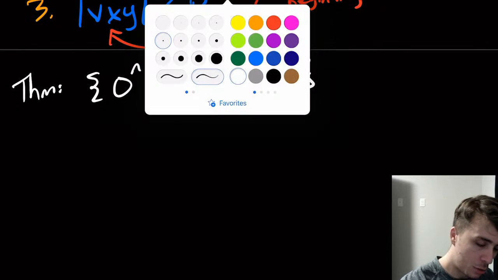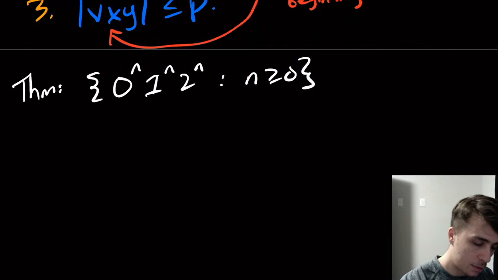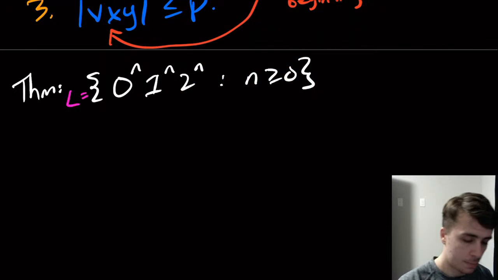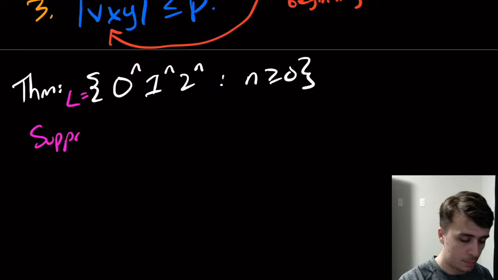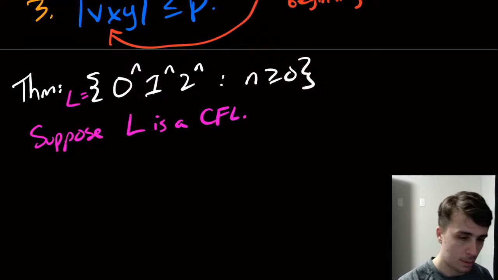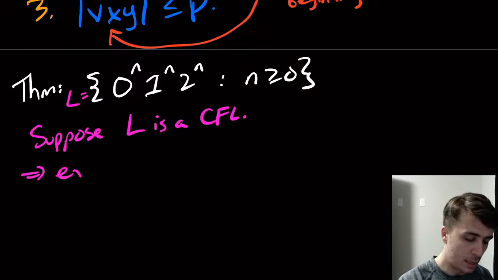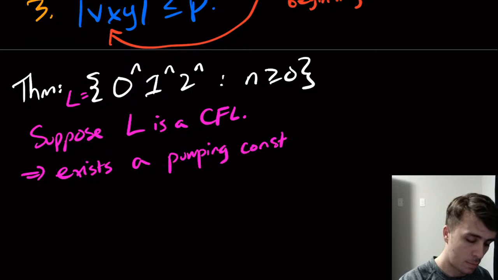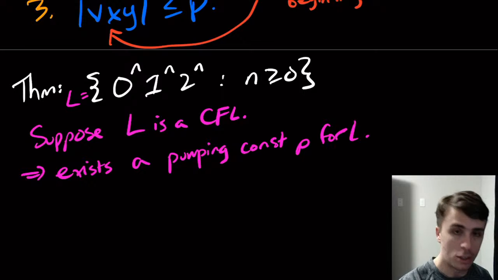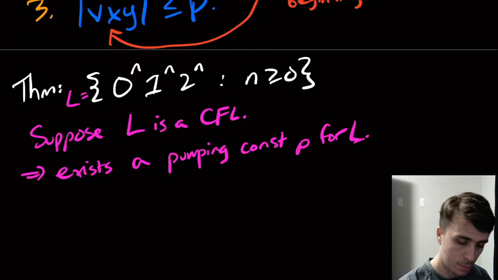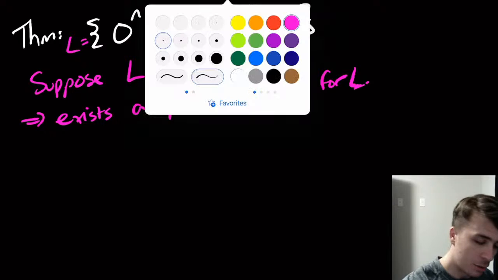Okay, so how do we do this? I'm going to call this language L. So let's suppose that L is a CFL. Then, of course, there exists a pumping constant P for that language. All right, so then what do we do?